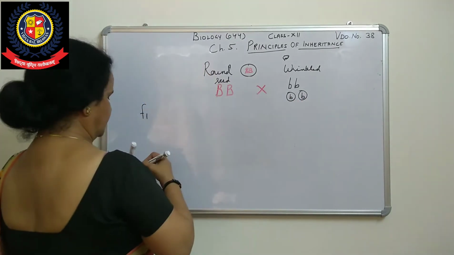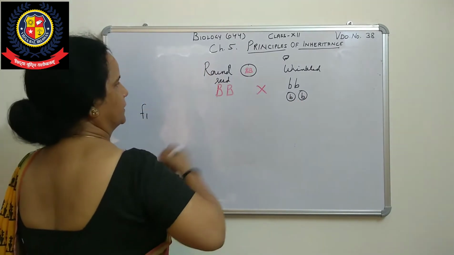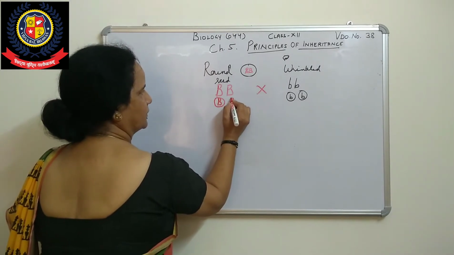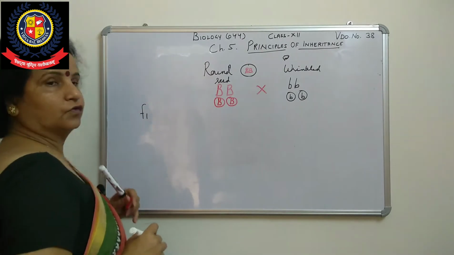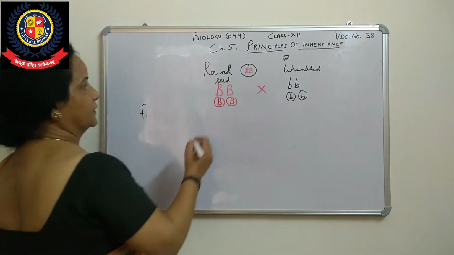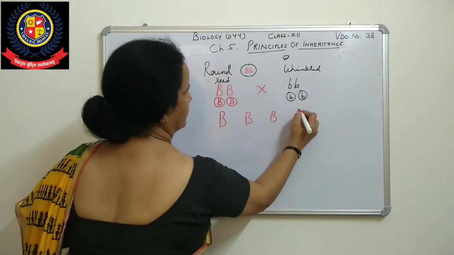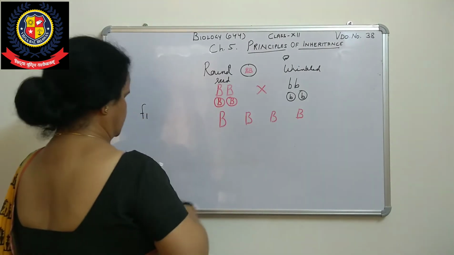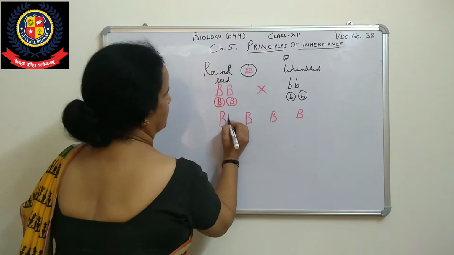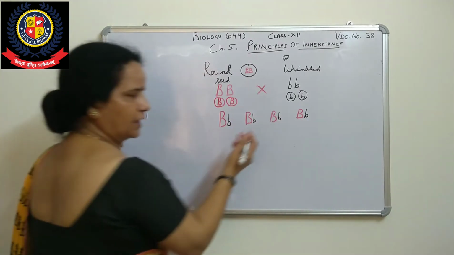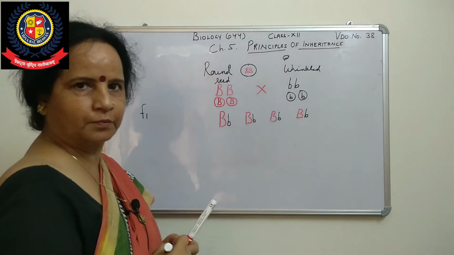Now in the F1 generation, all are heterozygous, and all are short plants also.